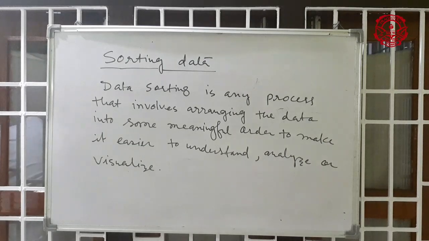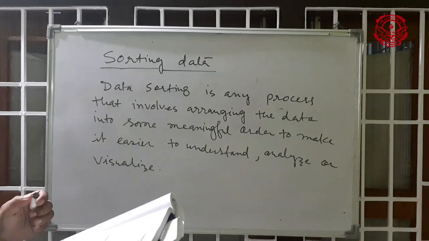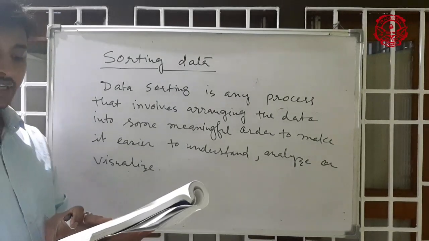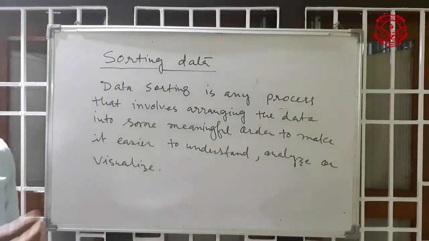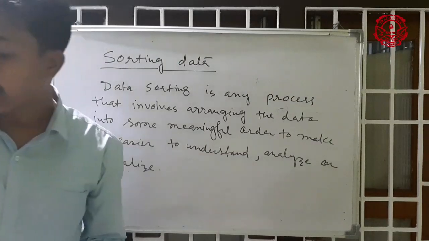Now, in your book, you can see you can sort the information in a table based on the value in one or more fields in either ascending or descending order. You can arrange the data in ascending order or in descending order.